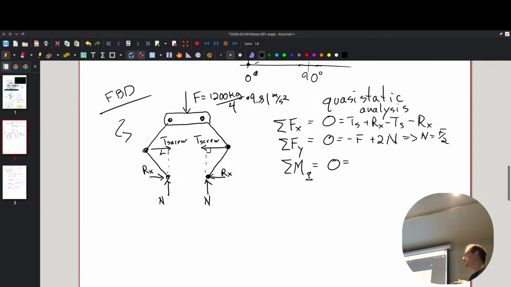So in this case, whether I choose side A1 or A2, both of them are going to have torque from T-screw minus torque from T-screw. So overall, total torque is 0 around either of those points.